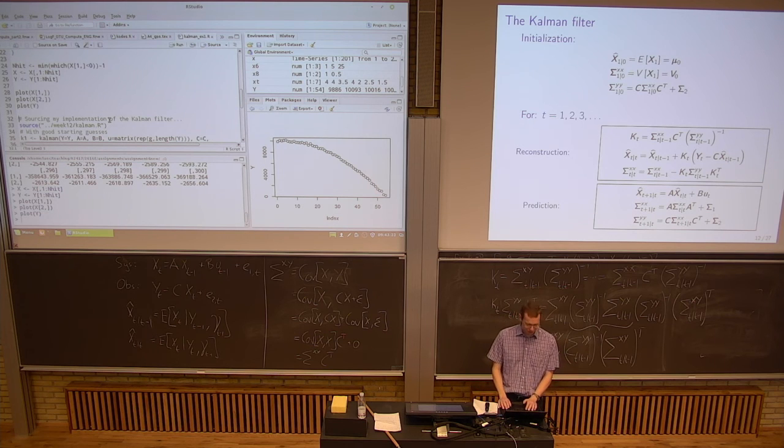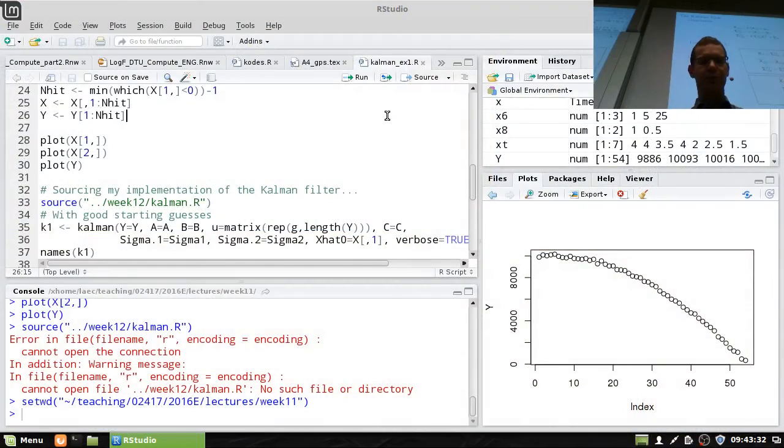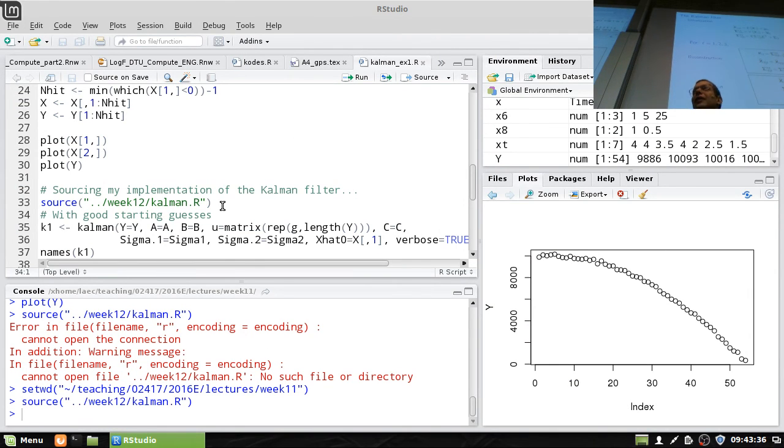Now I have my own implementation of the Kalman filter, which will work when I do like this. I will not share that code, because then I will also solve assignment 4 for you. So that is sitting underneath. You don't have to implement it as a function as such, you just need to make the loop work right.